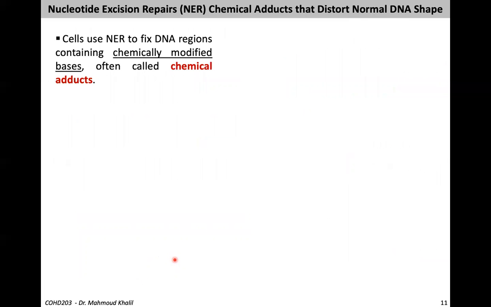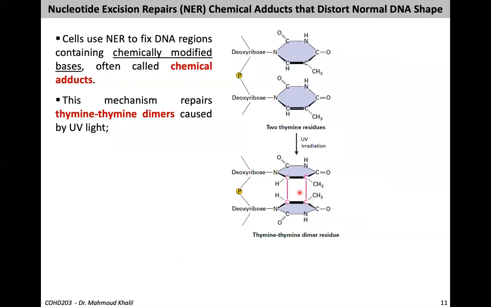So what about the other type of DNA repair system, NER, nucleotide excision repair, which deals with chemical adducts, as we said initially, that distort the normal shape of DNA. Cells use NER to fix DNA regions containing chemically modified bases, often called chemical adducts. You can see here an example of a thymine dimer.